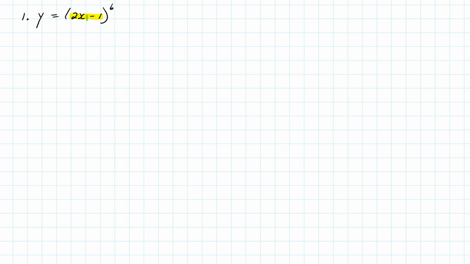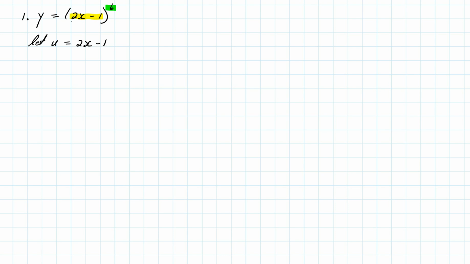You can take the derivative of that function, and you can also take the derivative of this function together with that. And that's where our u comes in, if you can remember. I said let u be equal to 2x minus 1.